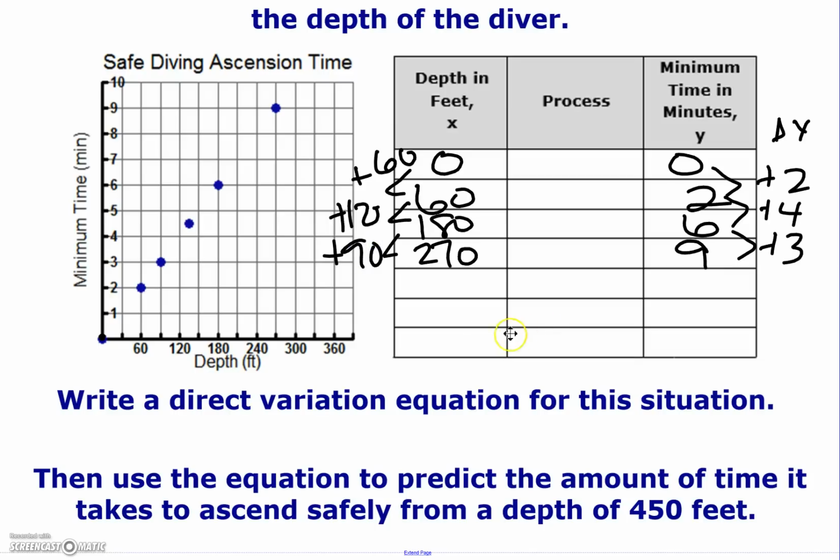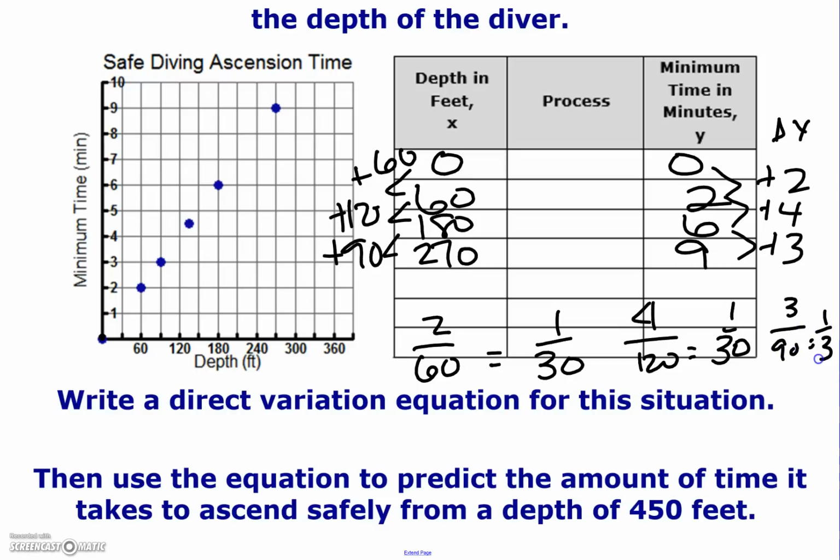So now, 2 divided by 60 equals 1/30. 4 divided by 120 equals 1/30. And 3 divided by 90 is 1/30. So our process so far is 1/30 x.